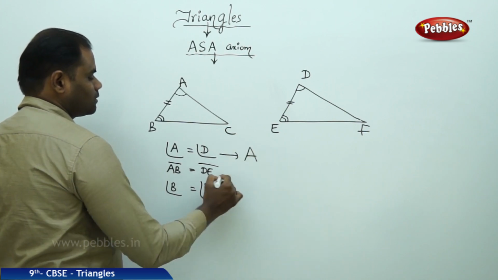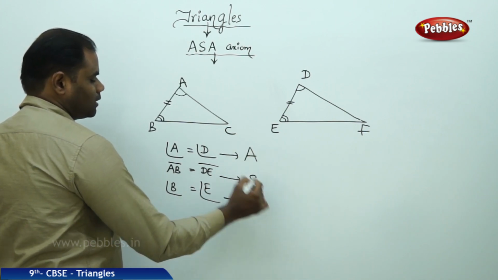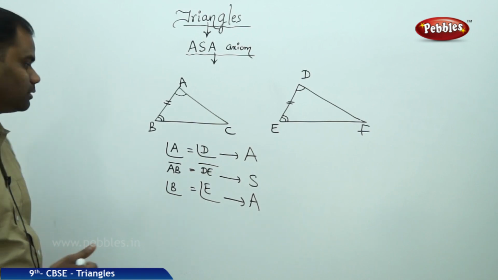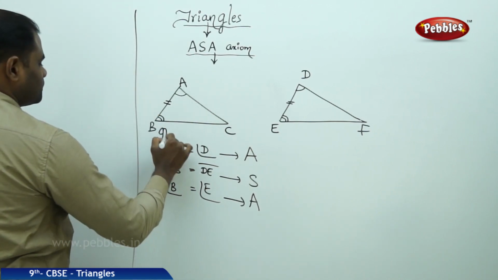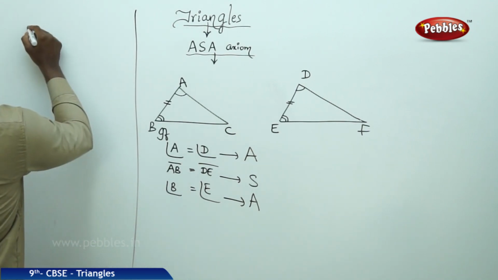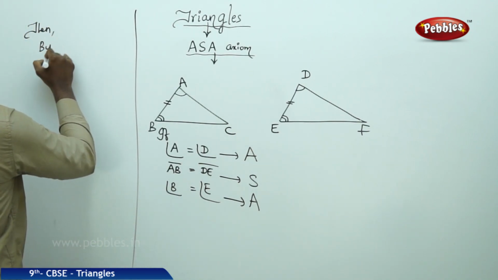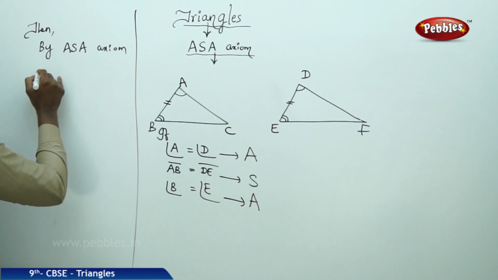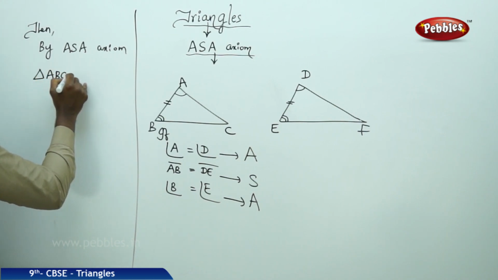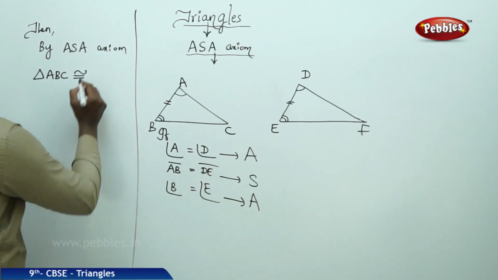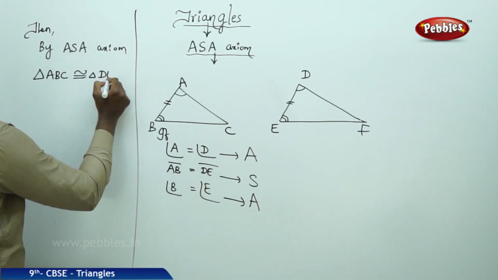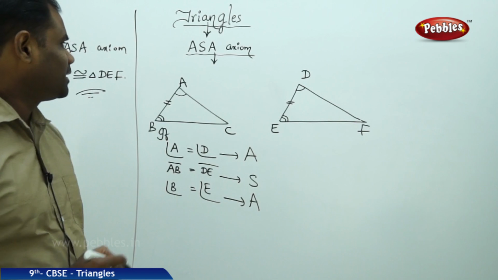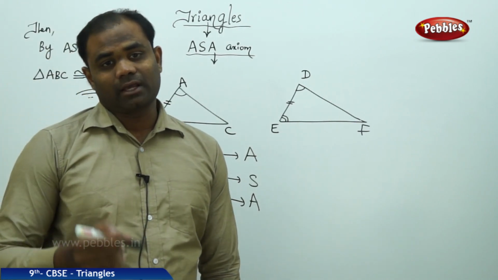This is A, this is S, and this is A. Angle, inclusive side, and angle, these three being equal, then ASA axiom says that by ASA axiom, triangle ABC must be congruent to triangle DEF, is how we understand the ASA angle side angle axiom.